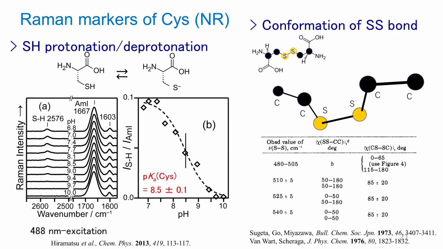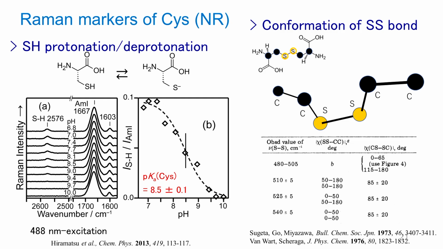Finally, this is an example of cysteine side chain analysis. Cysteine has a side chain of the SH group, and sometimes it forms an SS bond. Or sometimes SH deprotonates.